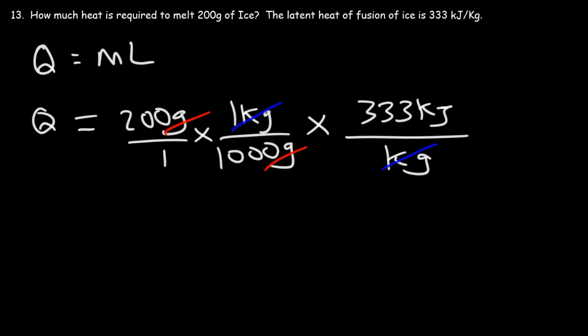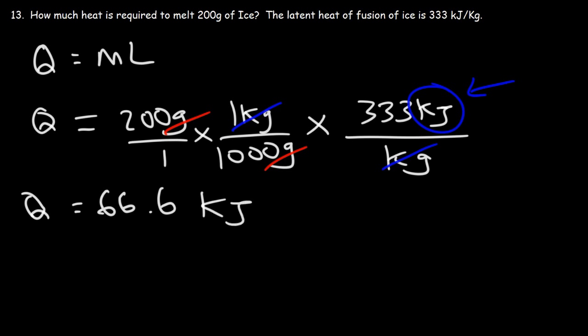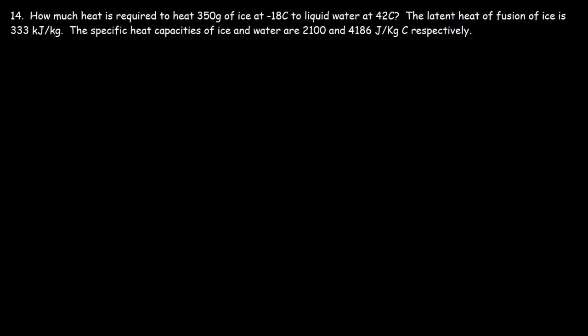So now the unit kilograms will cancel, giving us the unit kilojoules. So it's 200 divided by 1,000, which is 0.2 times 333. So the thermal energy that's needed to melt 200 grams of ice is 66.6 kilojoules of heat energy. So that's it for number 13.